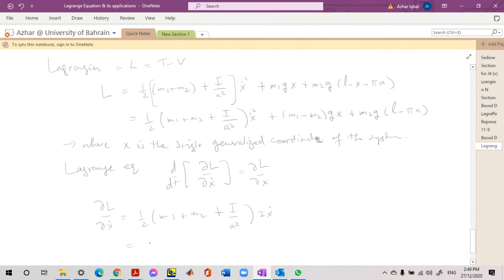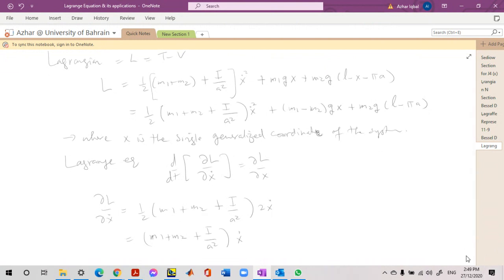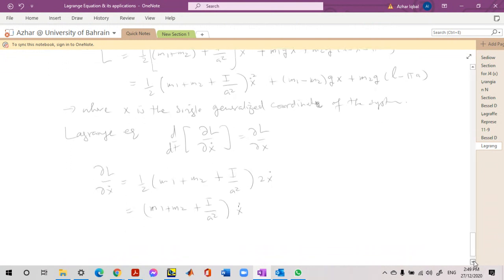The 2 cancels with the half, so it becomes m1 plus m2 plus I over a square times x dot.